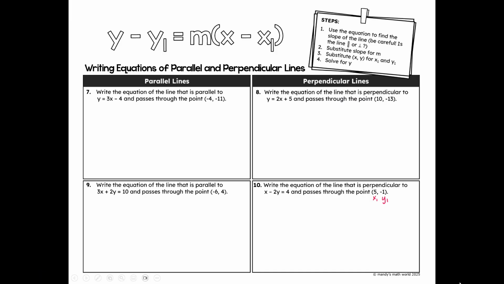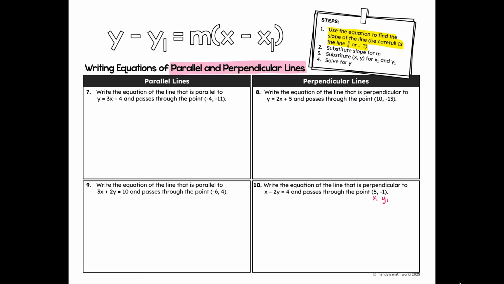And now in the next section, we're going to be writing equations of parallel and perpendicular lines. In this section, we're going to use the equation to find the slope of the line. So recall that parallel lines have the same slope and perpendicular lines have opposite reciprocal slopes. Let's get started on your first example.